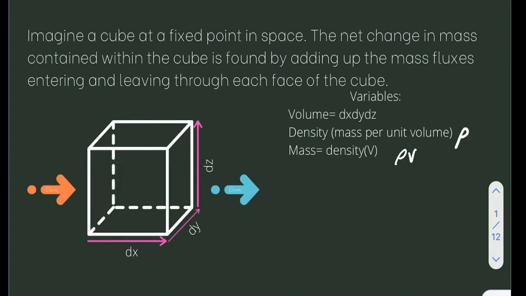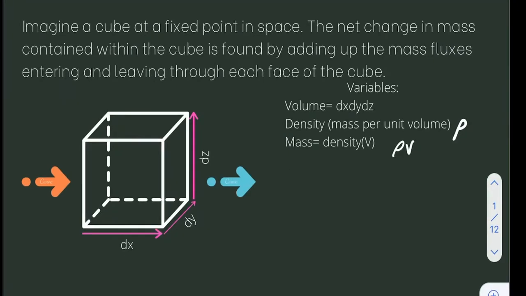Therefore, we can quantify your change in m over change in t as your rho, or the density, times your velocity. This is your mass flux.